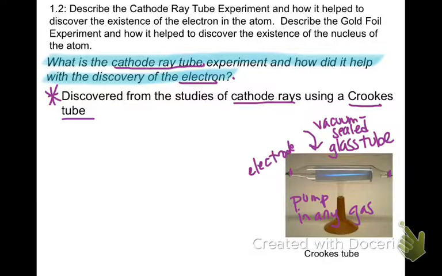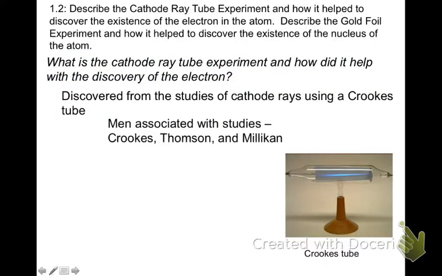They would turn on the voltage source, flip the switch, and allow electricity to pass from one side of the glass tube to the other. Then they'd change up what gases went inside the tube. They might put neon in there, argon, oxygen, carbon dioxide, any number of gases. This was the work of William Crookes. He's the one who started with it.